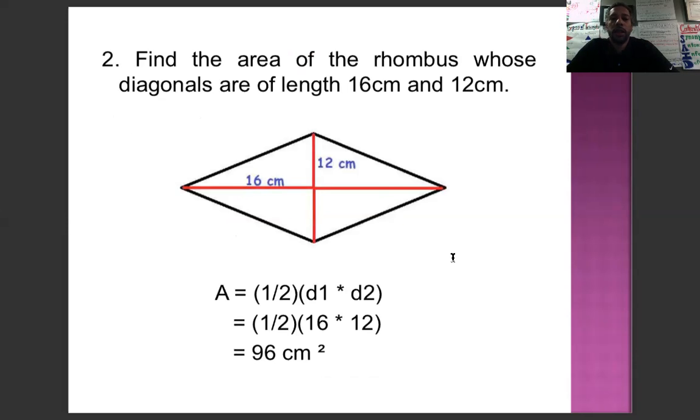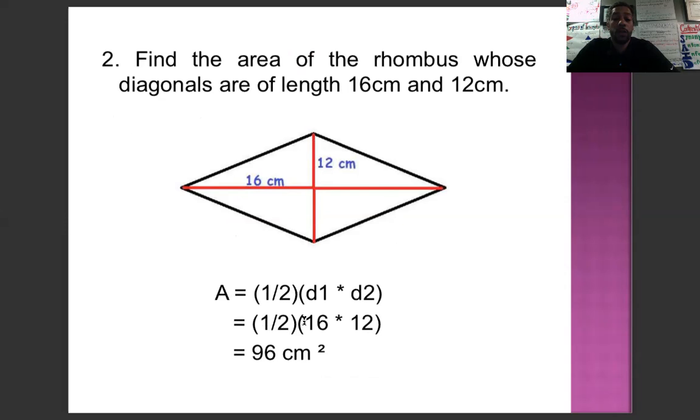Number 2, find the area of the rhombus whose diagonals are of length 16 centimeters and 12 centimeters. For this, our formula is going to be that the area equals 1/2 of diagonal 1 times diagonal 2.